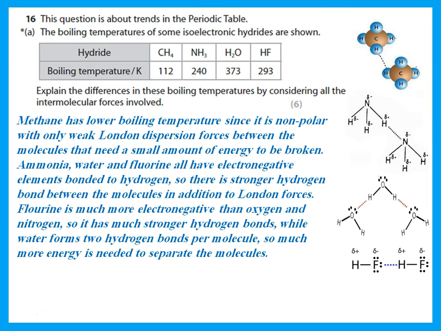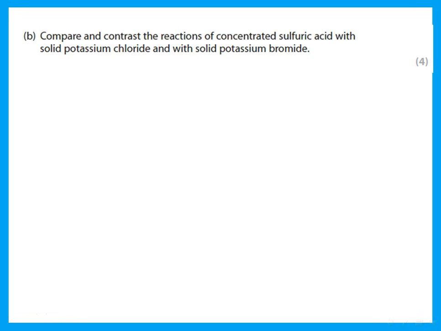The difference here is that the water can form 2 hydrogen bonds per molecule, so that is why it has the higher boiling temperature. HF is also high because fluorine is a very electronegative element.